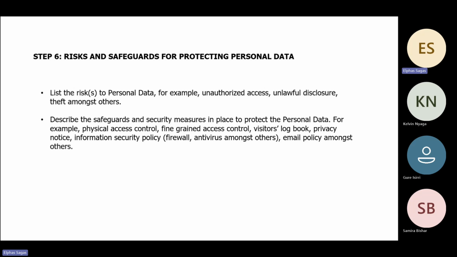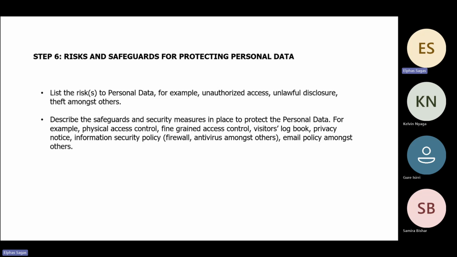We've had applications that we've been forced to send back to the applicants, because probably they only gave us technical measures, but there's no organizational measure, or vice versa. The Act is very clear that organizations have to have both technical and organizational measures.